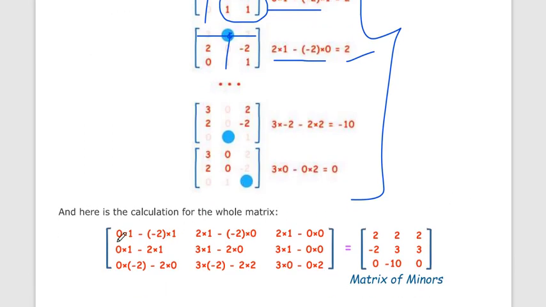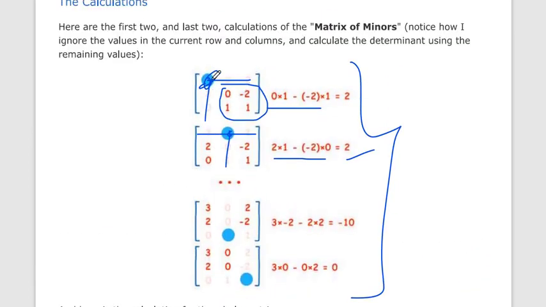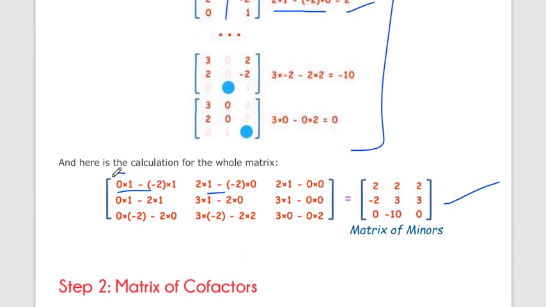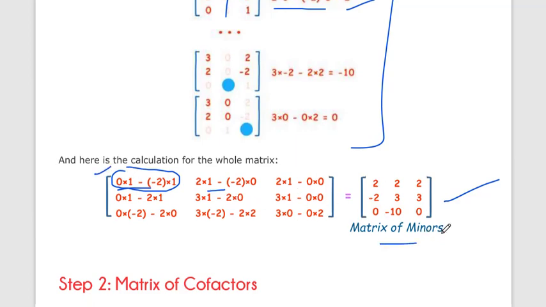Here you can see this is a matrix of minors. We only have to remove its row and column and put the determinant of this 2 by 2 matrix in this position. So we have the matrix of minors.